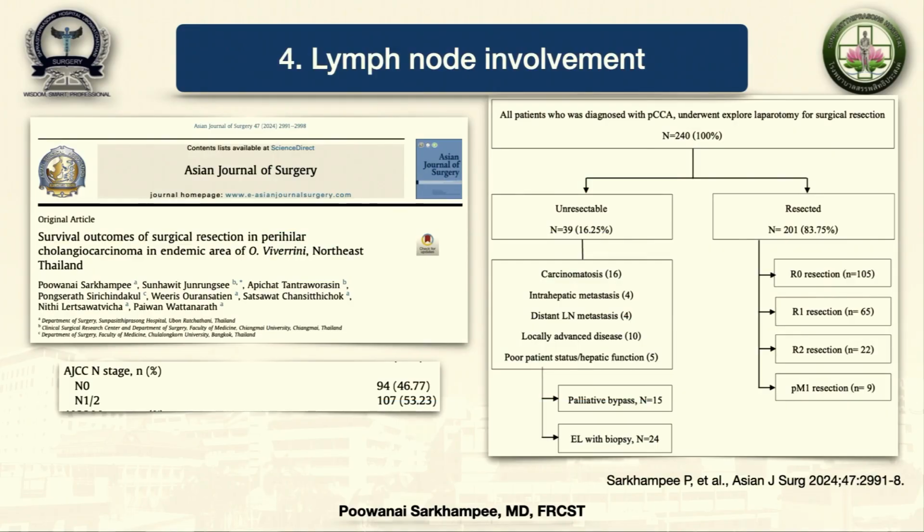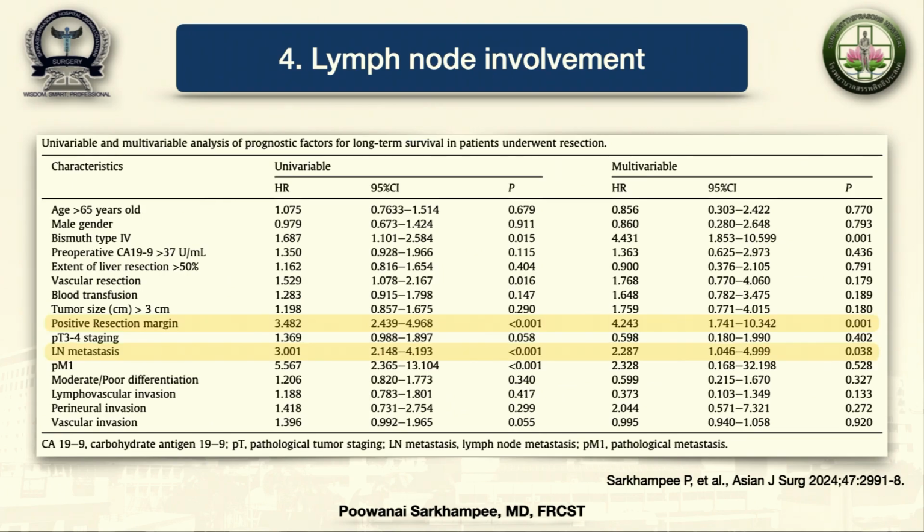Why? Because of lymph node metastasis: in our series and all over the world, more than 50% of patients with perihilar cholangiocarcinoma have lymph node involvement, and the outcome is not good. In our series, margin and node are poor prognostic factors, and we wondered whether, if the patient is node positive, the resection margin matters or not.